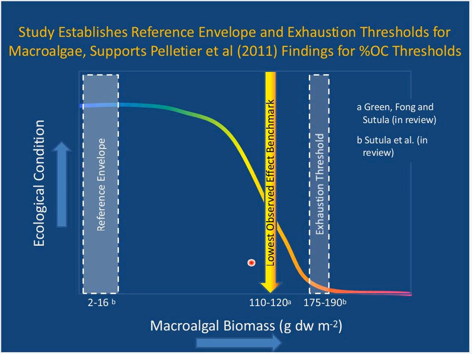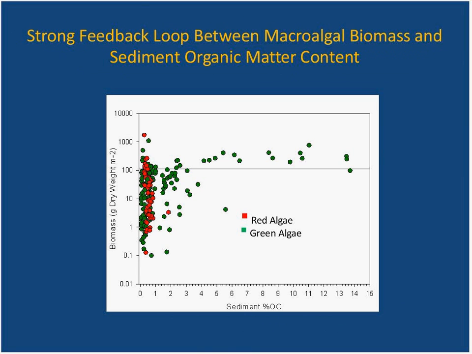What's really helpful to understand then, actually, I forgot, I have 2 more slides before I get to the punchline. The other thing that's really helpful to understand about macroalgae and sediment organic matter is that there's a very strong feedback loop between macroalgal biomass and sediment organic matter content.